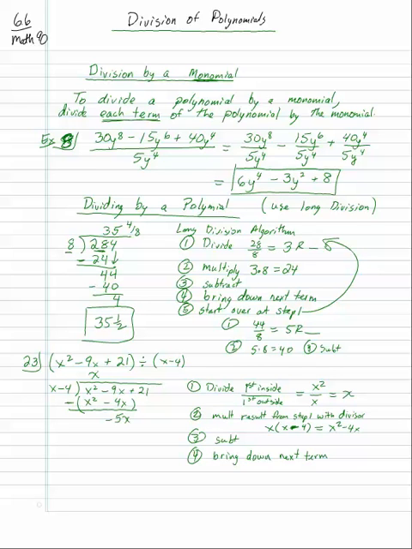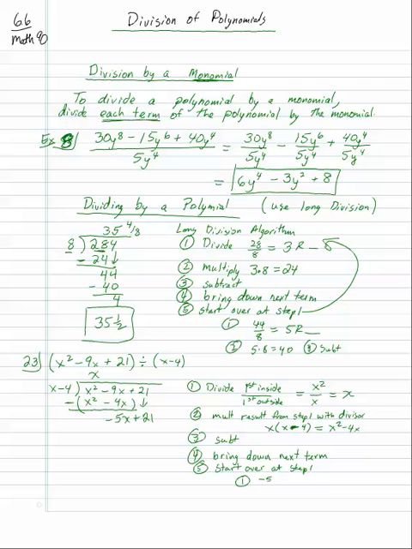Which in this case is 21. So bring down plus 21. And then you're going to start over. Do another loop. So now I'm going to go first term divided by first term.